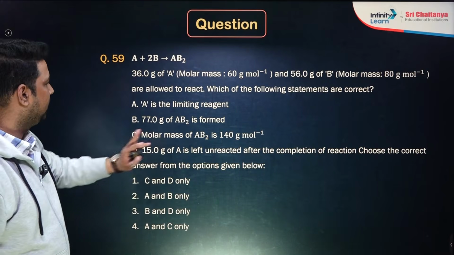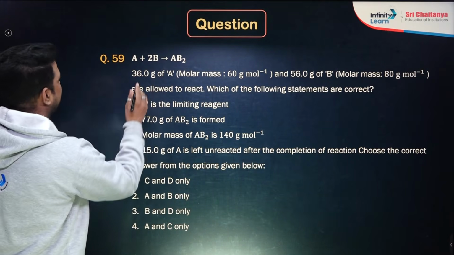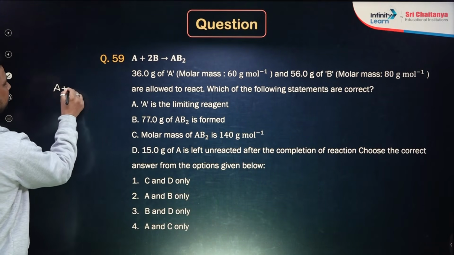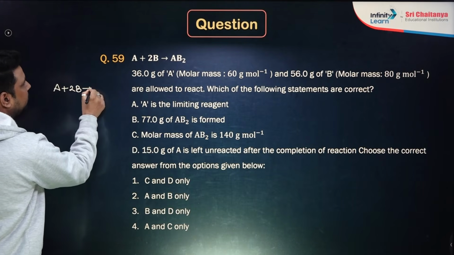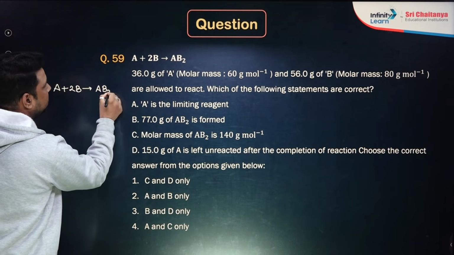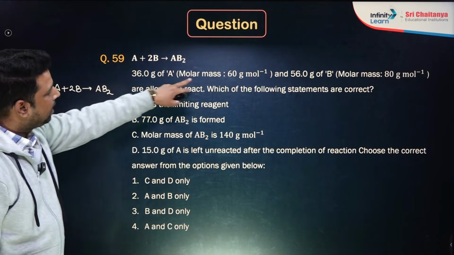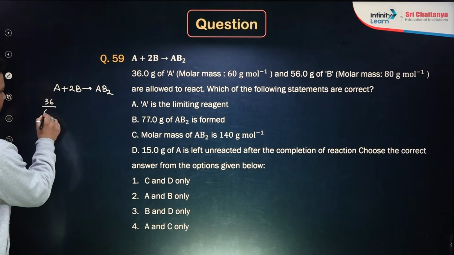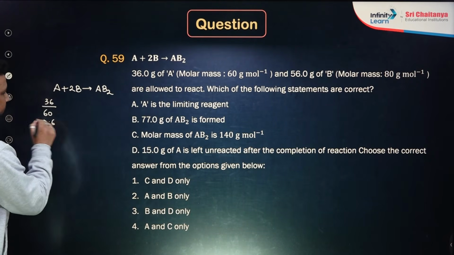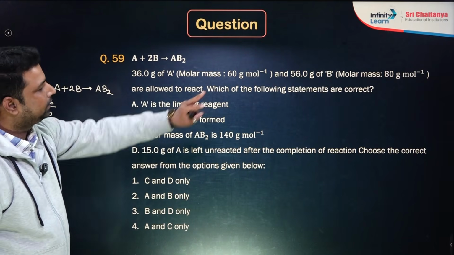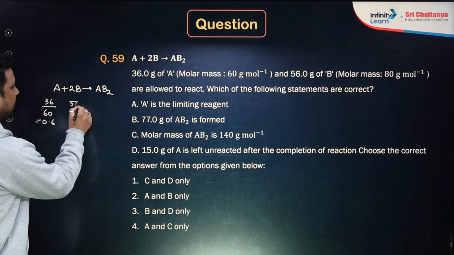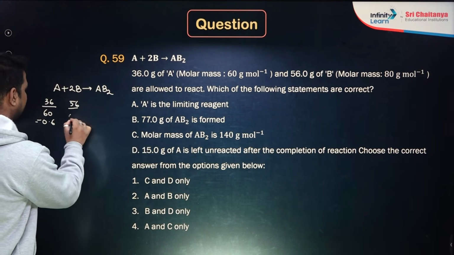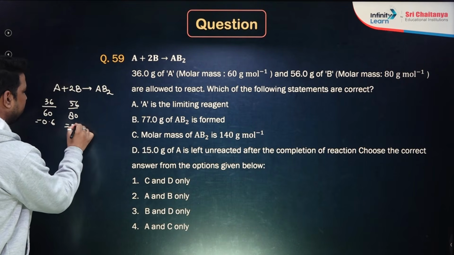Now this question is again important. A plus 2B changes to AB2. 36 gram of A having molar mass 60, so 36 divided by 60 would be 0.6. 56 gram of B with molar mass 80 comes out to 0.7.